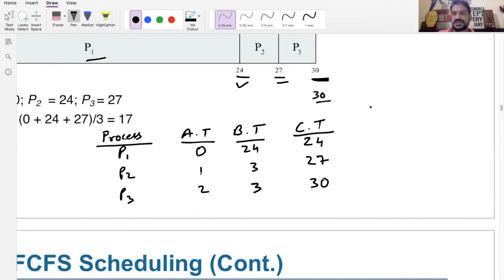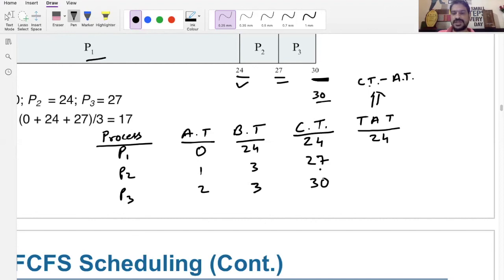Now the next is turnaround time. We know the formula of turnaround time: completion time minus arrival time. Right? So what is the completion time? Completion time is 24. The arrival time is 0. So the turnaround time here is 24.